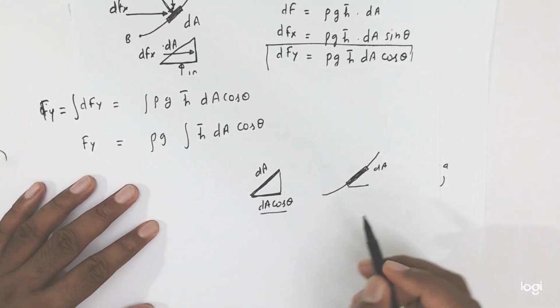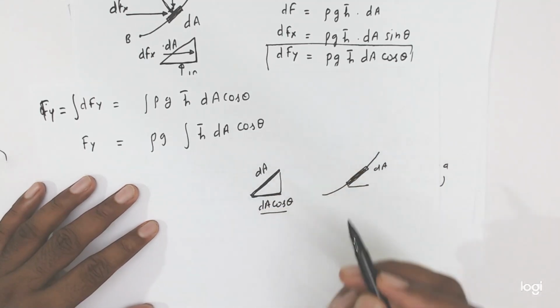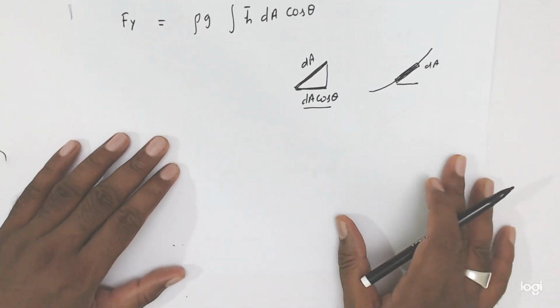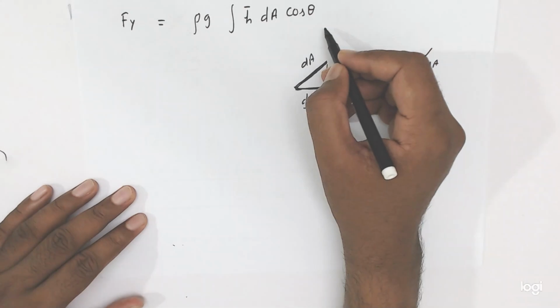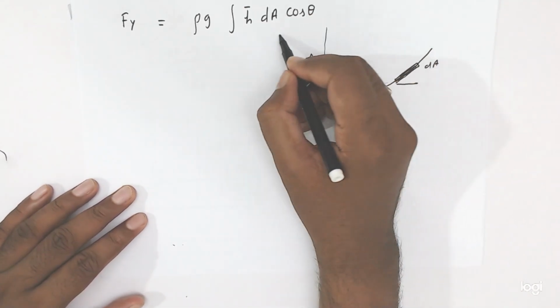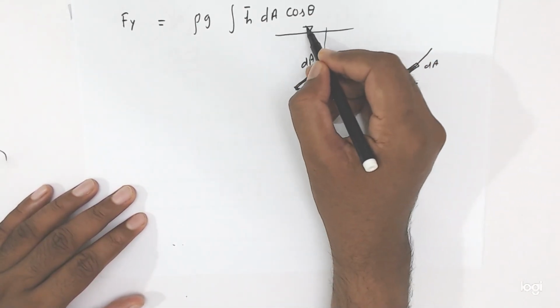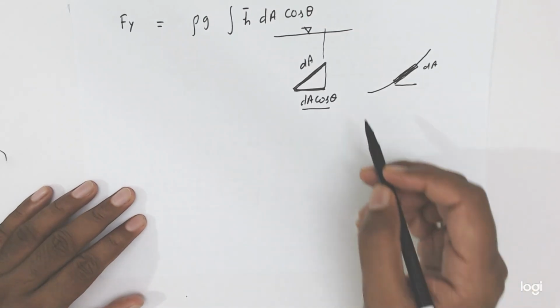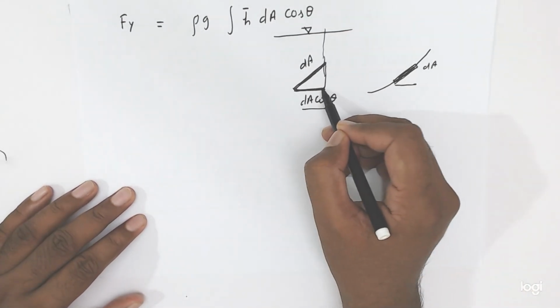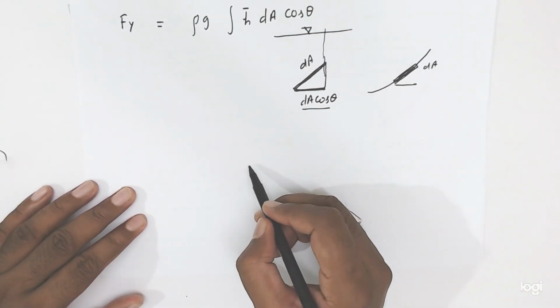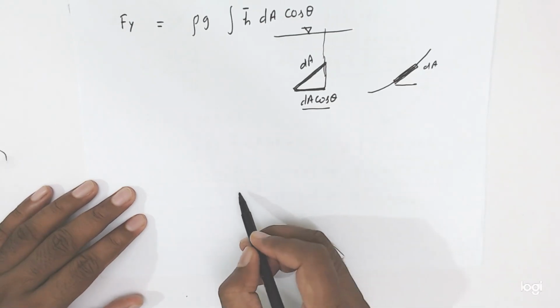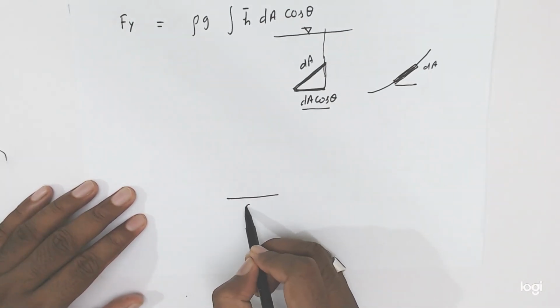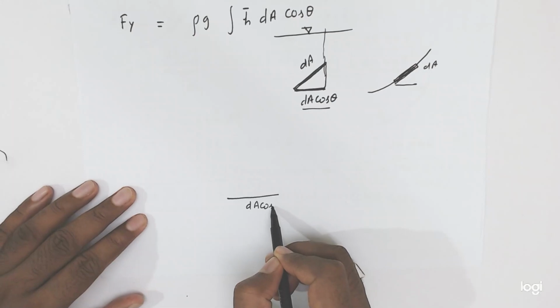Friends, you see here, if you take underwater, this is the free surface, and this is the horizontal area dA cos theta.